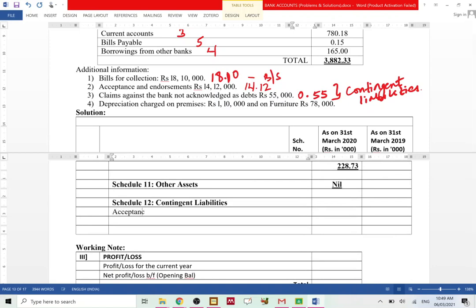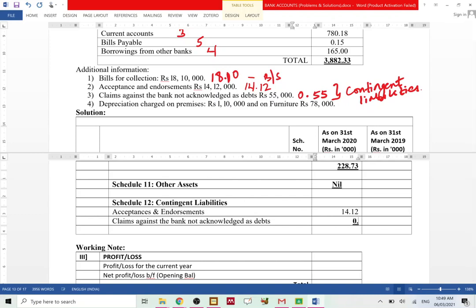So acceptances and endorsements, reduce it into the lakh amount and you get 14.12. Not to be totaled yet, and we get claims against the bank not acknowledged as debts, and this amount we have already figured out.